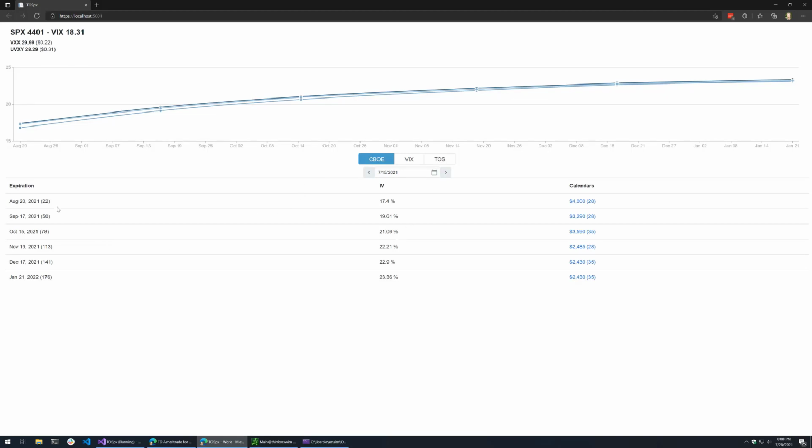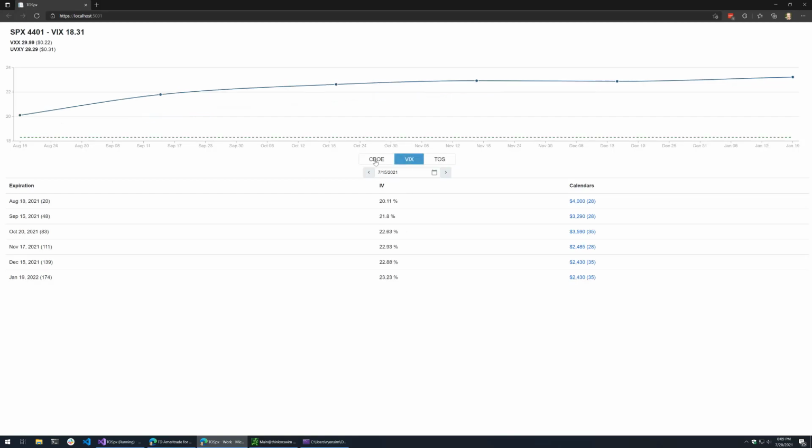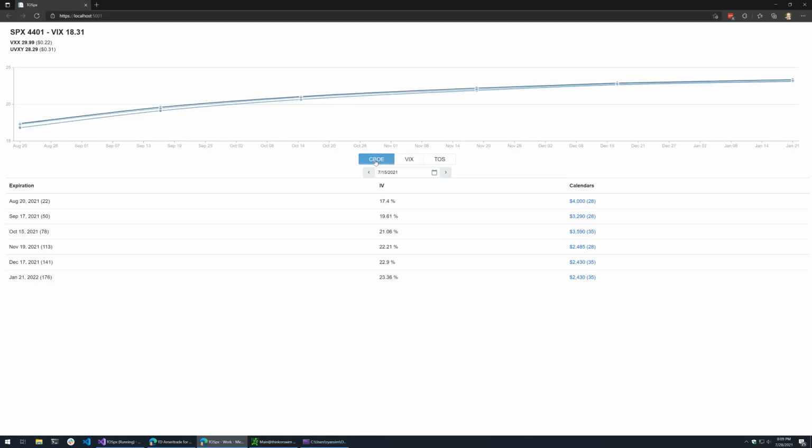And then down here, I trade a lot of calendars, or I did at one point. Here are the volatilities of the various months. If I were to go to TOS, these represent the IVs for at the money. And then here I'm showing the CBOE versus the VIX volatilities.